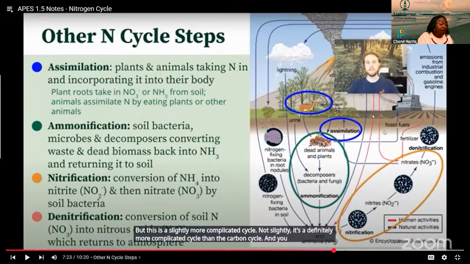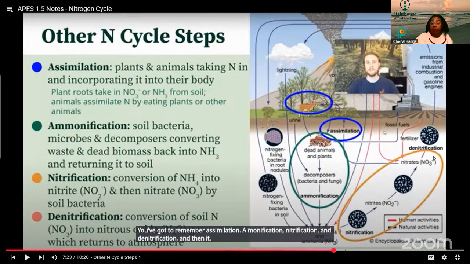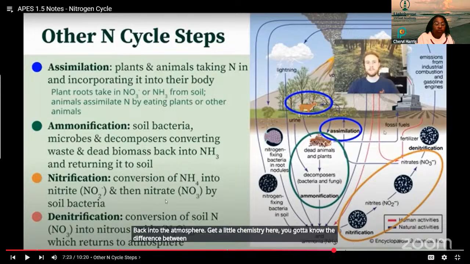And you see, you've got a lot of big vocabulary words as well. So you got to remember nitrogen fixation. You've got to remember assimilation, ammonification, nitrification, and denitrification, and then it goes back into the atmosphere. Get a little chemistry here. You got to know the difference between a nitrite and a nitrate.